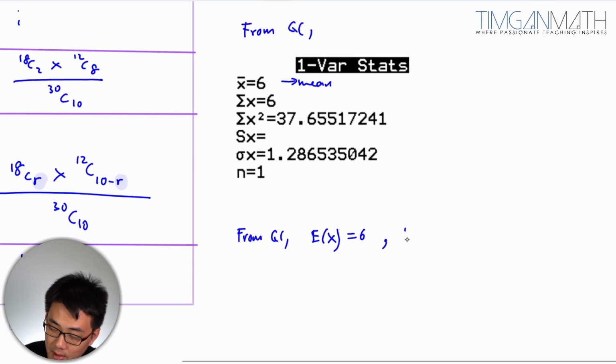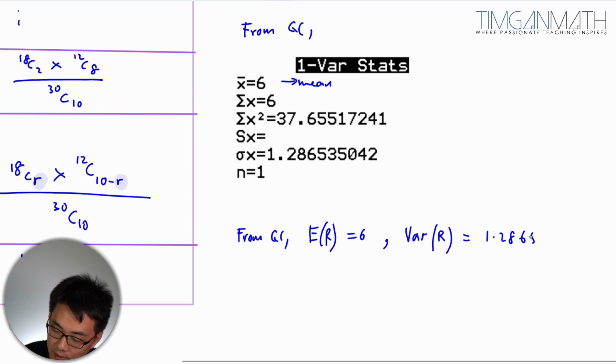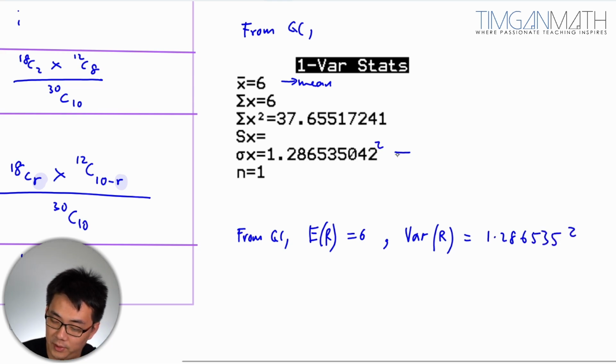The variance of R would then be 1.286535 squared. Just square this to get the variance.